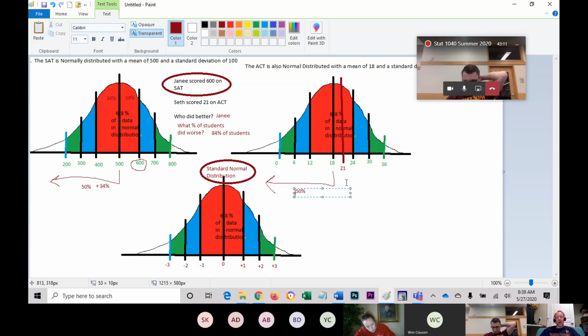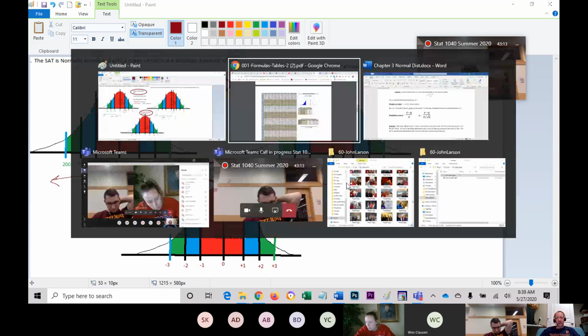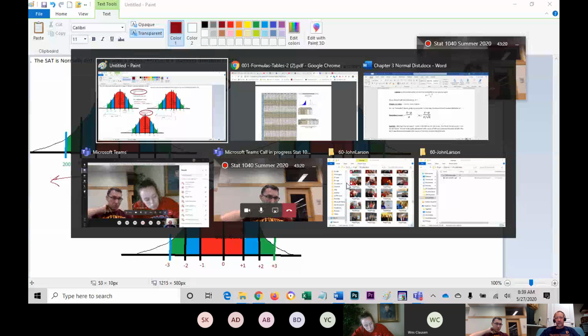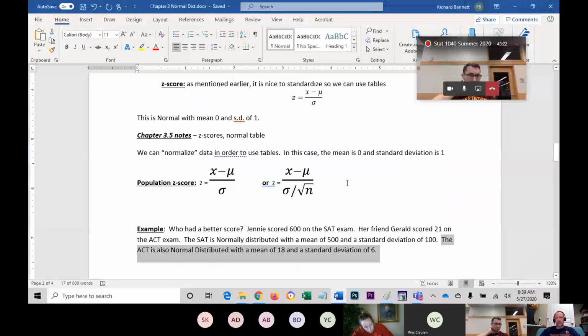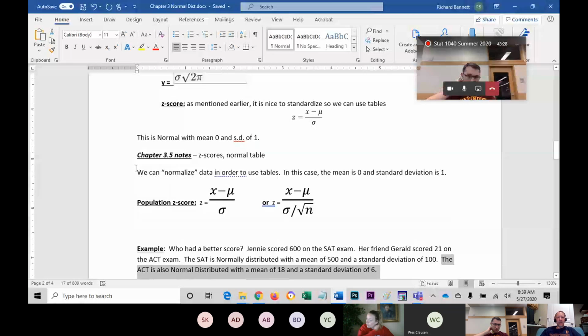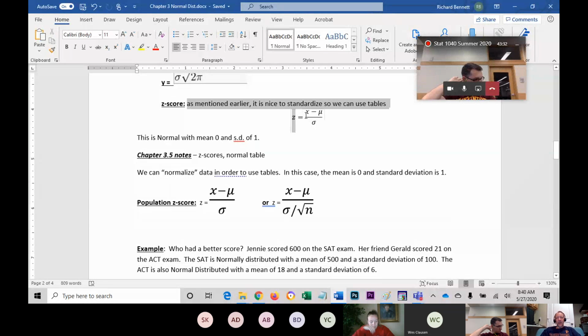So here we go. We can standardize scores with this formula here.